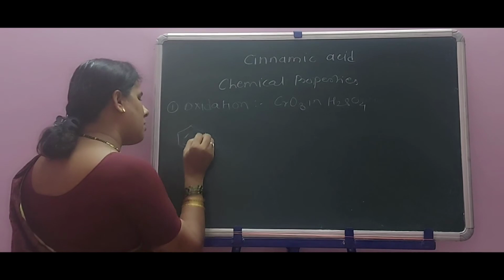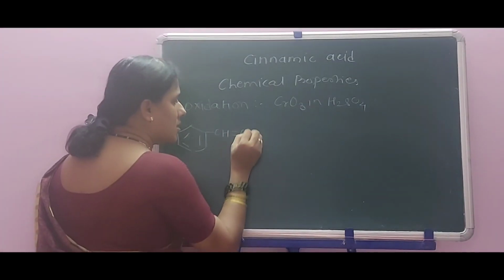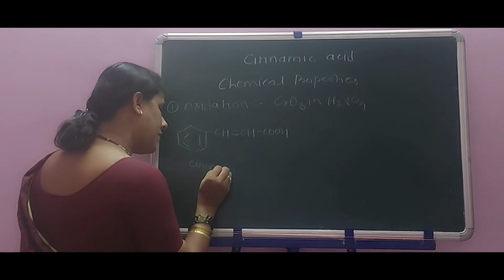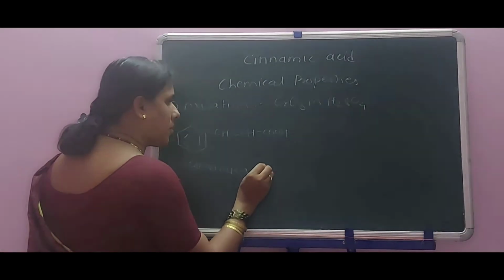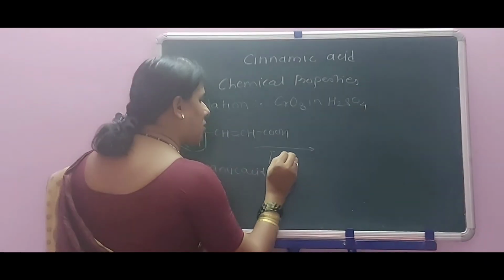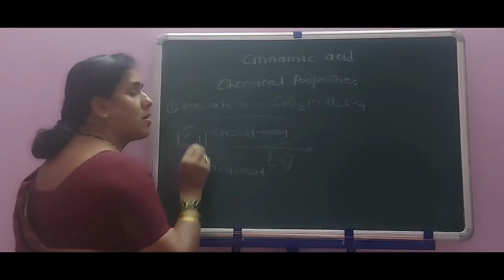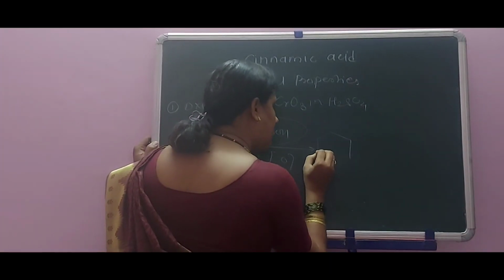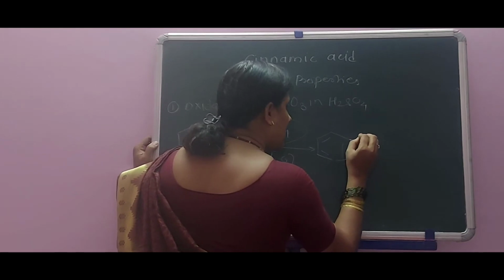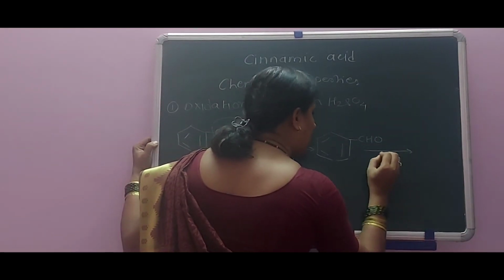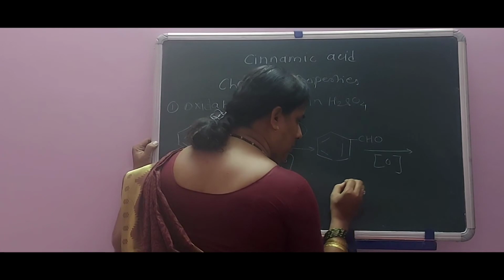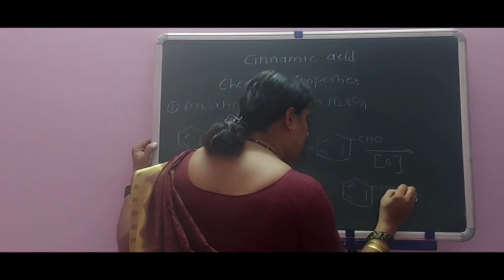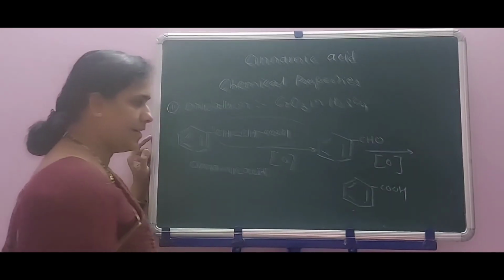Whatever may be the structure of this cinnamic acid, it is going to oxidize. This whole side chain is oxidized to an aldehyde, that is C6H5CHO, which on further oxidation gives rise to the compound known as benzoic acid.